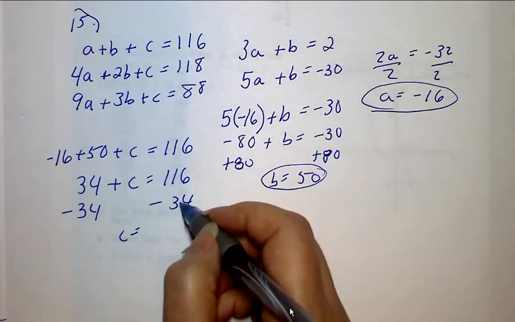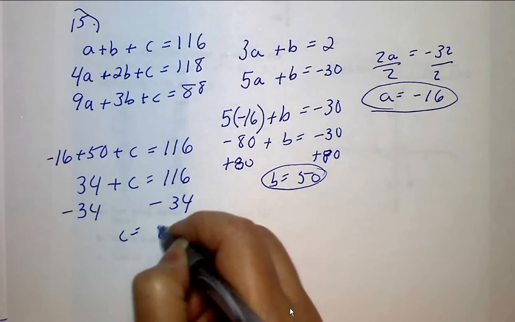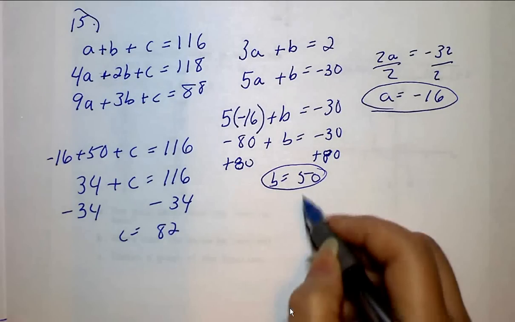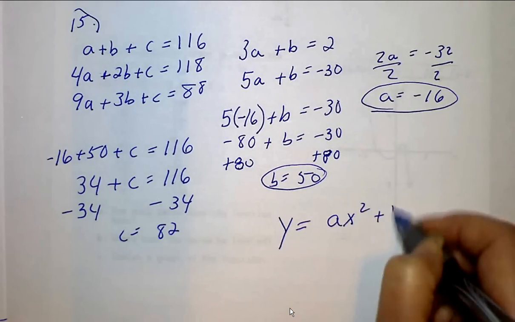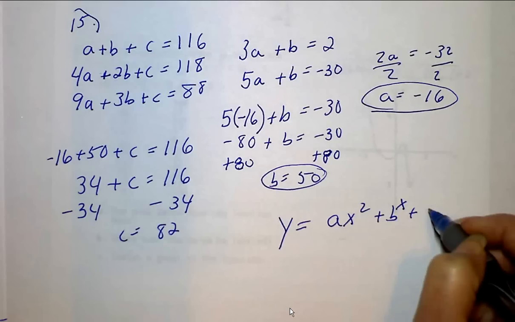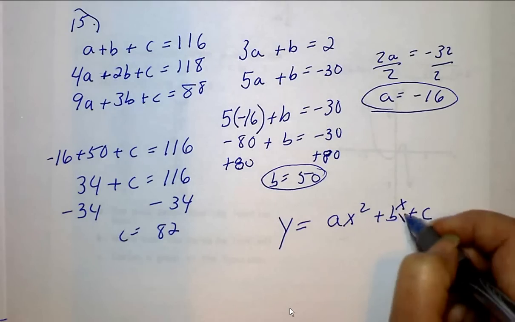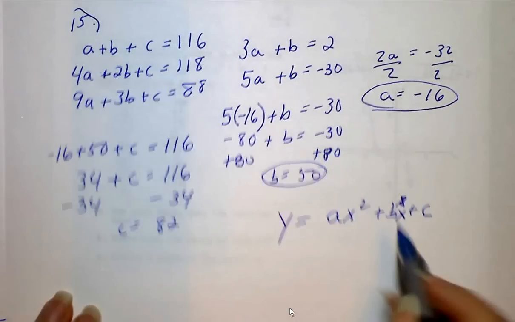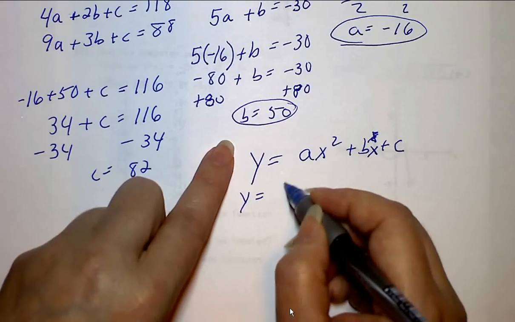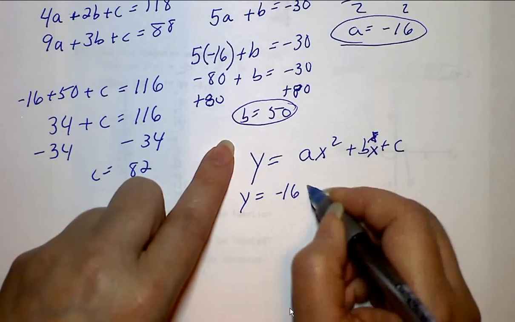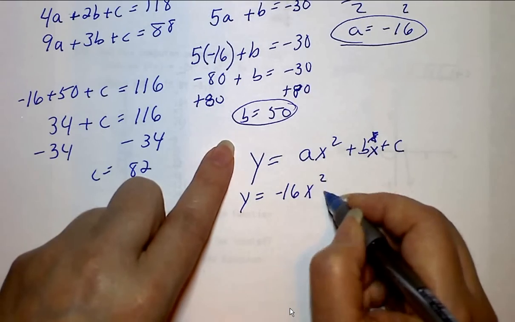So the final step would be y equals ax squared plus bx plus c. So I'm going to put in my a, b, and c. So we have y equals negative 16x squared plus 50x plus 82.